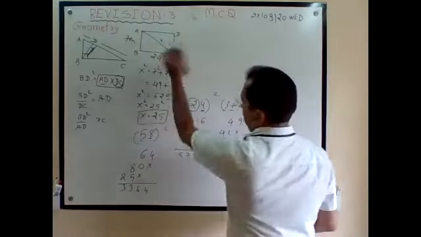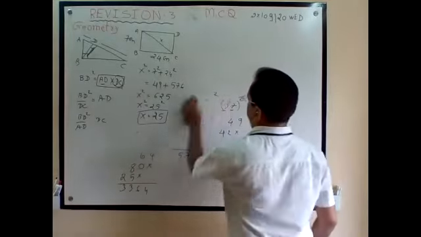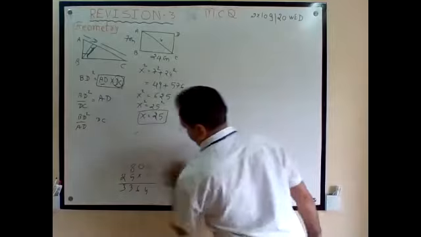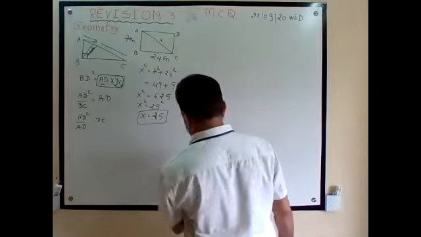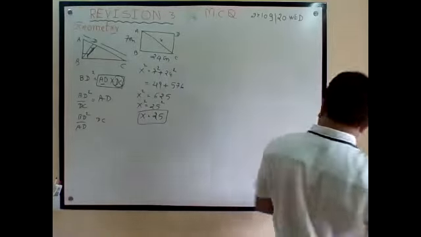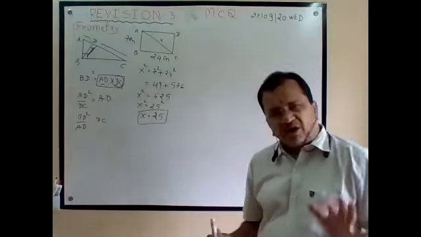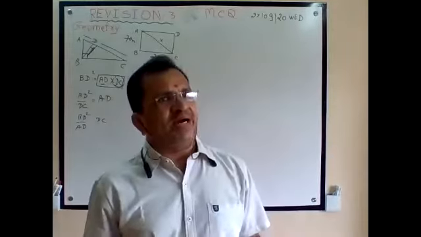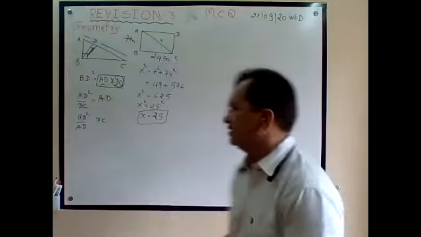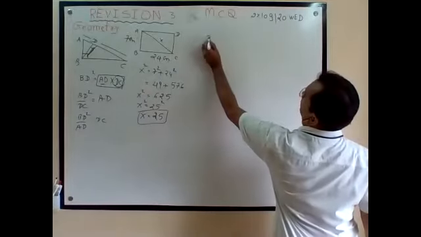One more. This is about Pythagorean triplets. That is a very important calculation I have given. The smallest round figure Pythagorean triplet is 3, 4, 5.